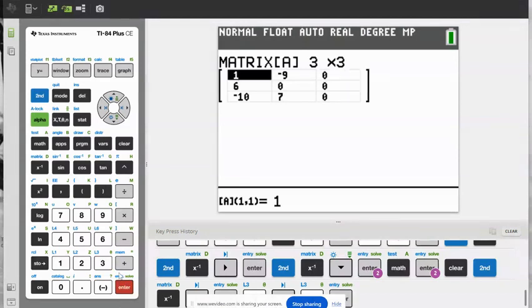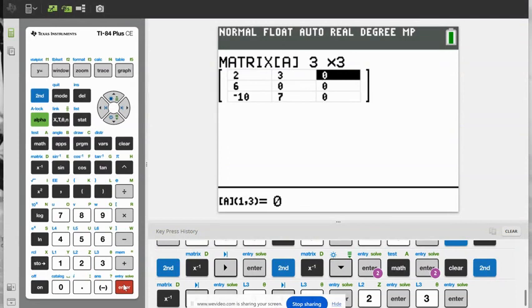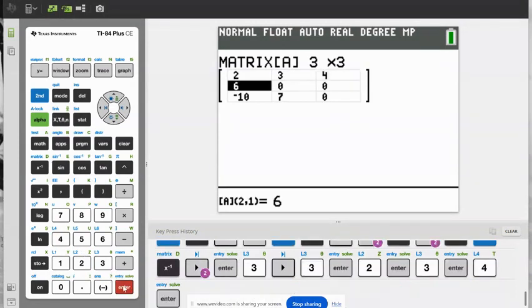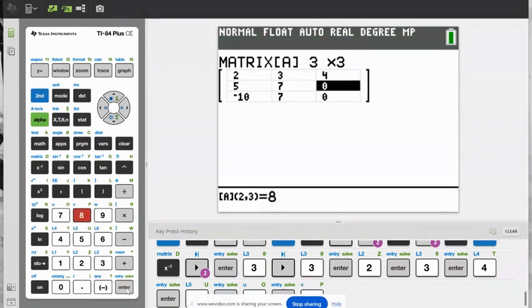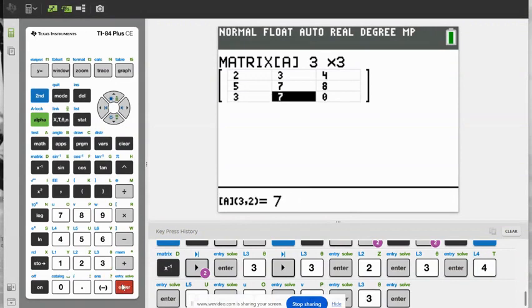And now I'm going to enter in all of my elements, which I already have listed out. So 2, enter, 3, enter, 4, enter. Remember, when it comes to that negative, don't put the minus. Make sure you use the negative, which is right under the 3.